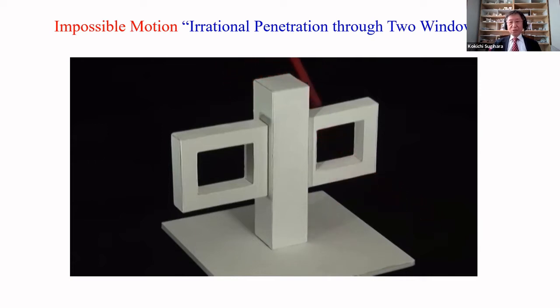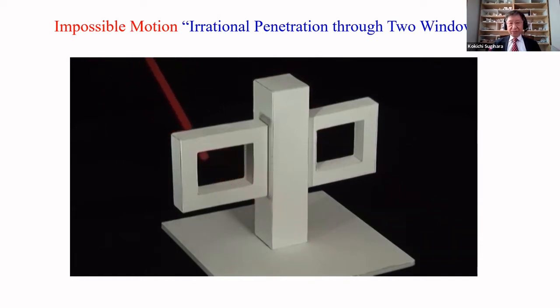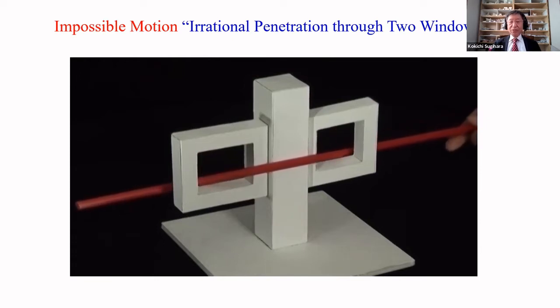The 2 windows in both sides of the big pole. And the red rod is moving. That is straight and hard, but it can penetrate the two windows simultaneously like this. At this point, we feel something impossible is happening.